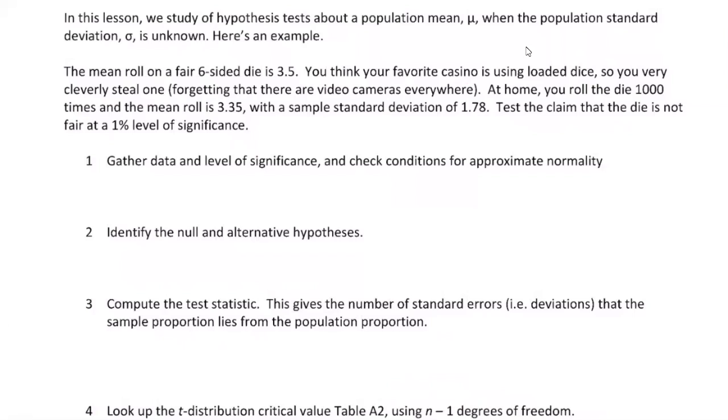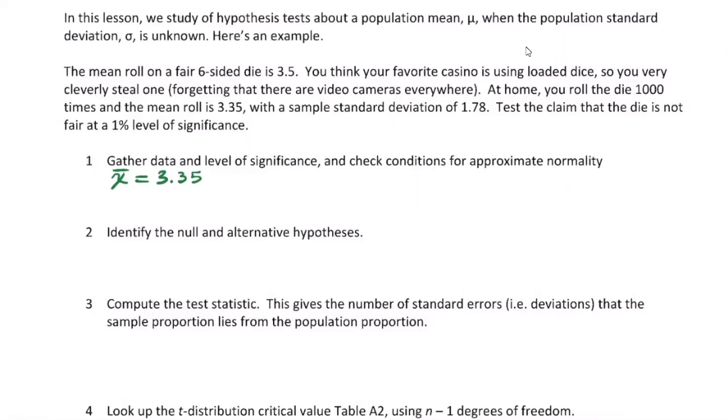Okay, so there's a lot going on here. You're going to need the sample mean, and if you look back, that's your mean roll of 3.35. So you did not get 3.5. I don't know if that proves the die is unfair until I see how many standard errors that is from what it should have been, which is 3.5.